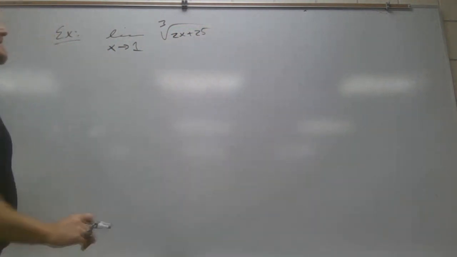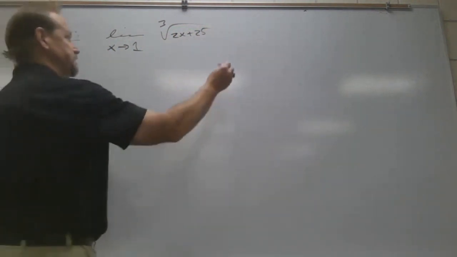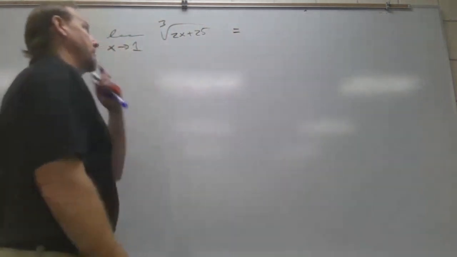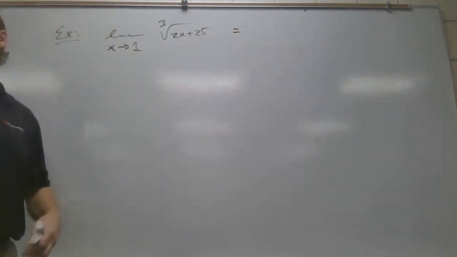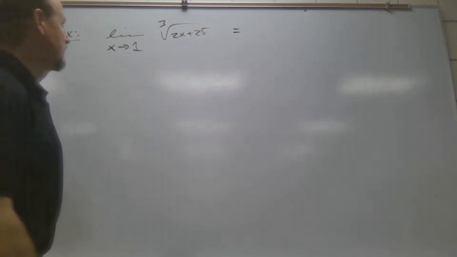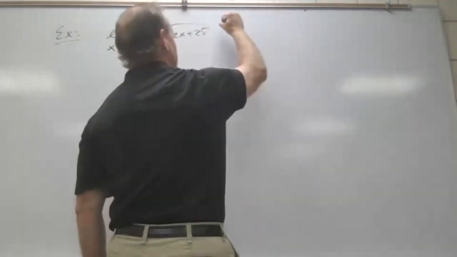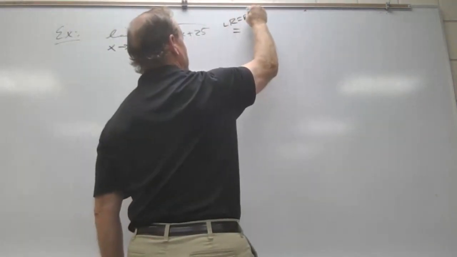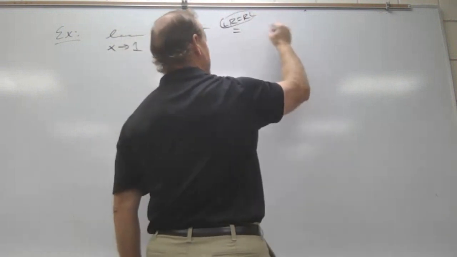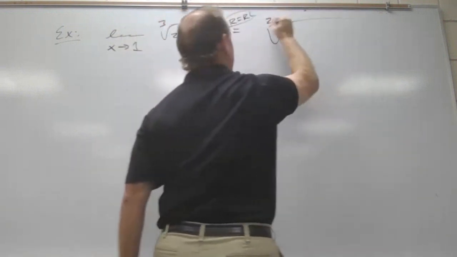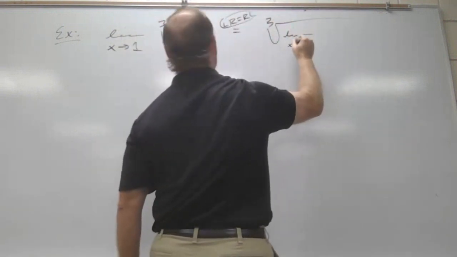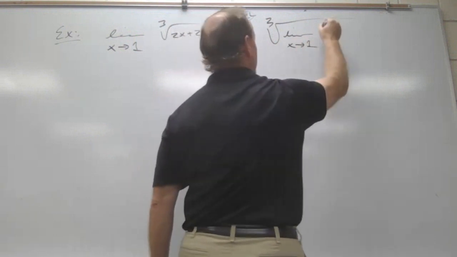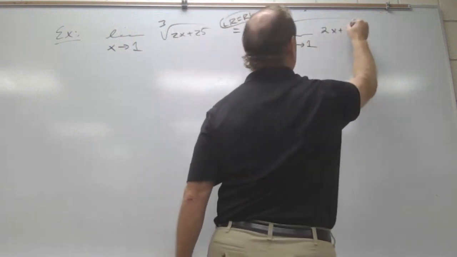So we want this limit, right? What's the first thing I can do? Yep, the limit of the root is the root of the limit, so I can do that. This is going to equal the cubed root of the limit as x approaches 1 of 2x plus 25.